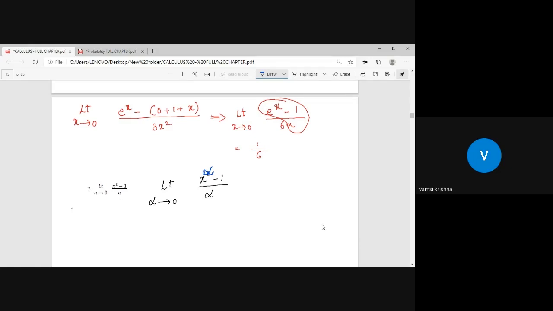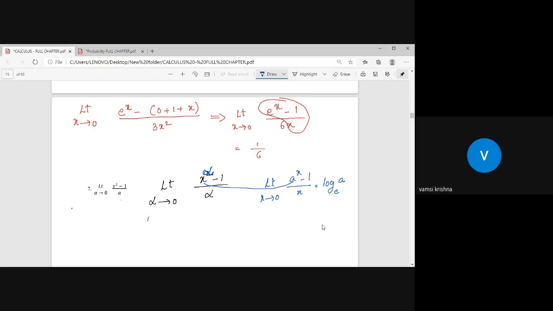Sir, actually we have a formula, limit x tends to 0, a power x minus 1 by x is equals to logarithm of a to the base e. But here, in place of x, we have alpha. Yes, that is the thing you need to remember.